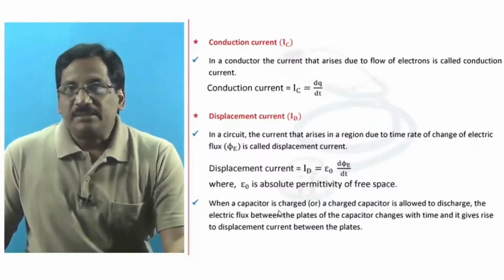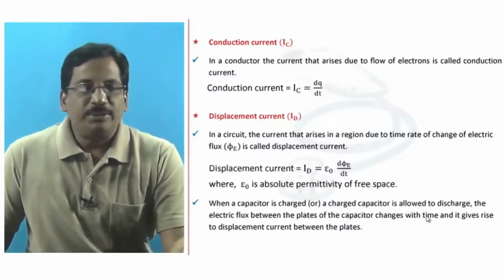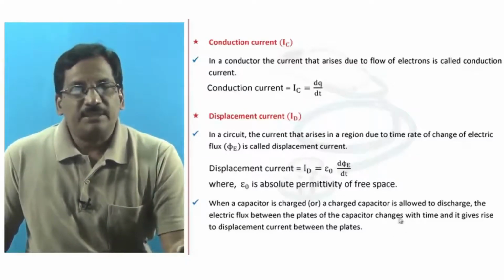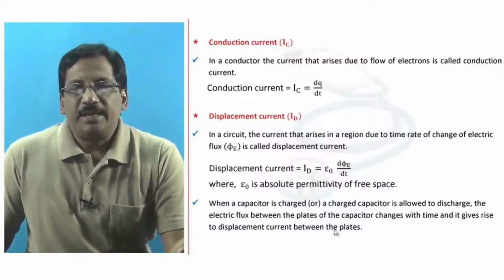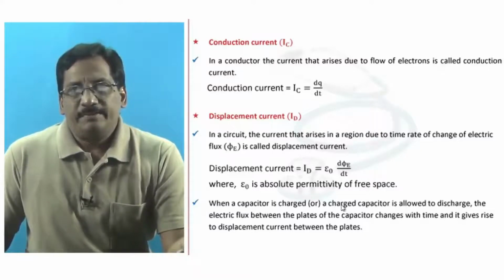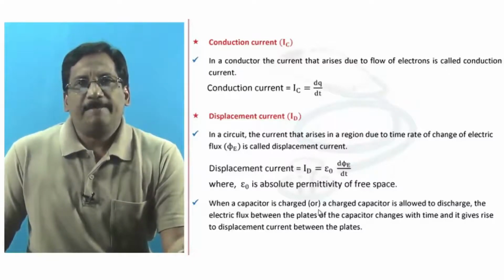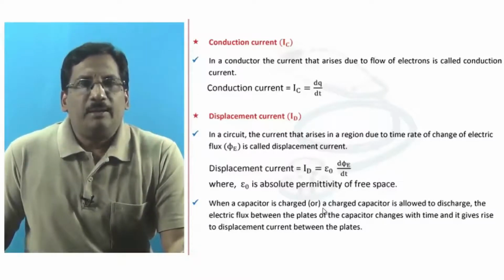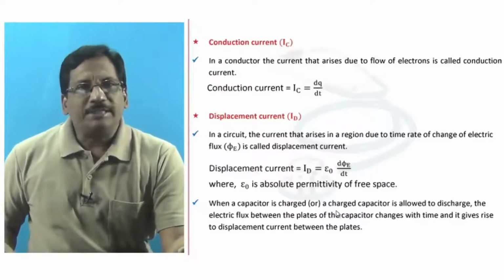When a capacitor is charged or a charged capacitor is allowed to discharge, the electric flux between the plates of the capacitor changes with the time, and it gives rise to the displacement current between the plates. The concept of displacement current comes into our study in order to apply the Ampere's circuital law in a circuit with accuracy.